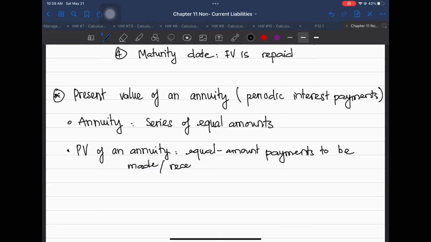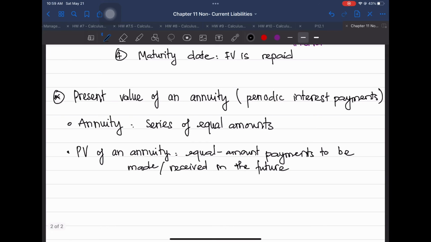So how do we compute the present value of an annuity? We need to know the interest rate, the number of interest periods, and the amount of the periodic receipt or payment.